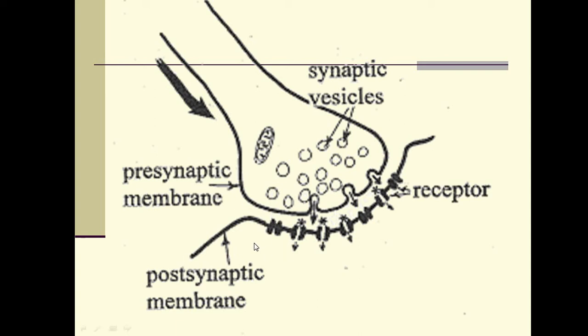As a result, electrical synapses are much faster than chemical synapses. Only in the case of chemical synapses do we have to take neurotransmitters into account. Okay, so this is how the signal passes from one neuron to the next.